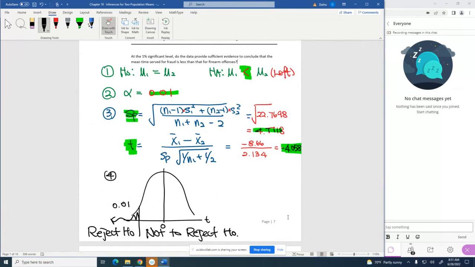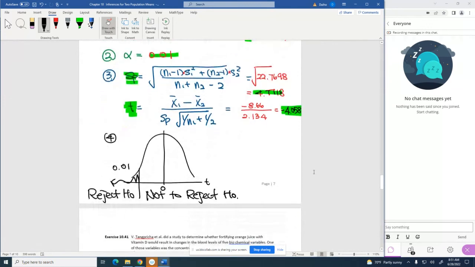Test statistic, negative 4.058. What will be the decision? Reject the null hypothesis. So decision in step 5, reject the null hypothesis. Does it make sense, right?